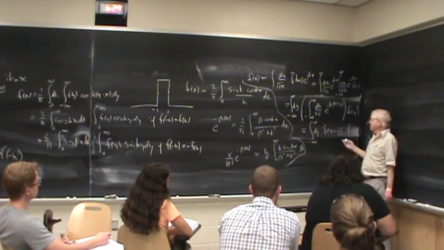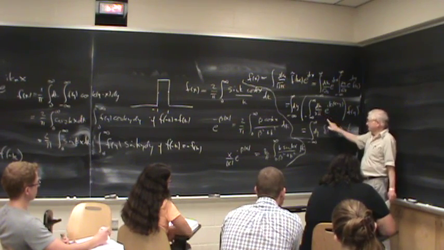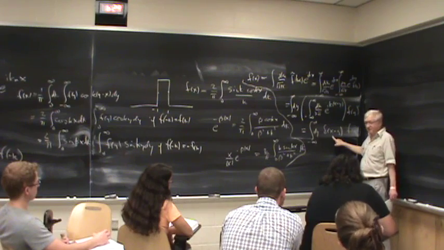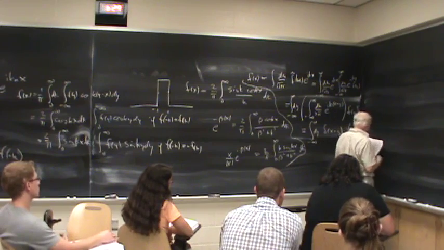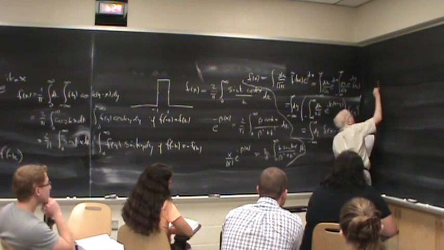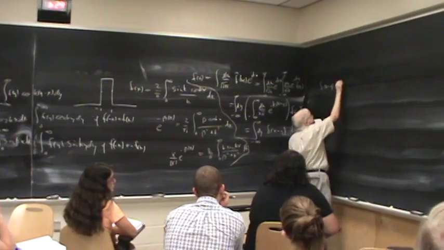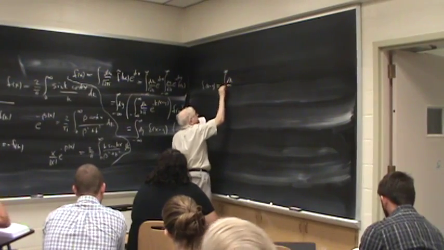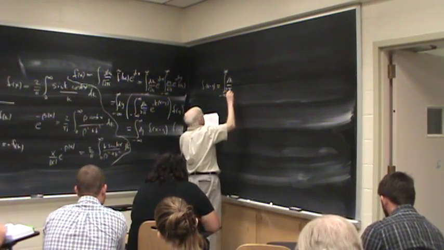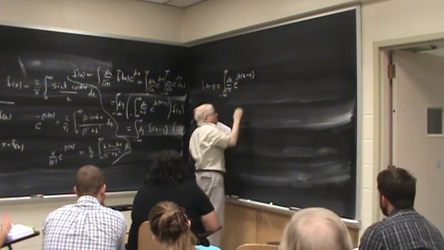So it follows that this integral here is a representation of the delta function, and it's in fact the most useful representation of the delta function. In other words, we write delta of x minus y is the integral from minus infinity to plus infinity dk over 2 pi e to the i k (x minus y).